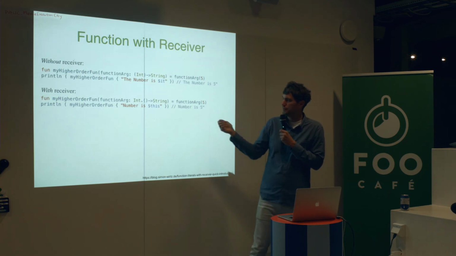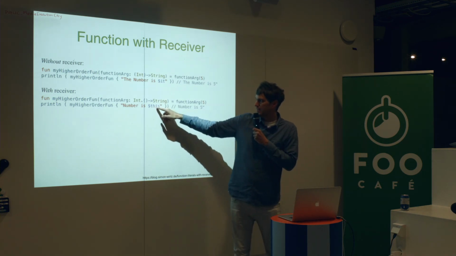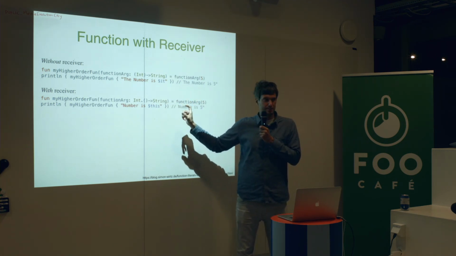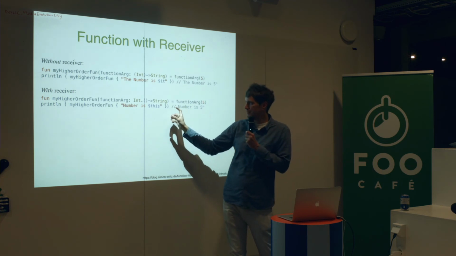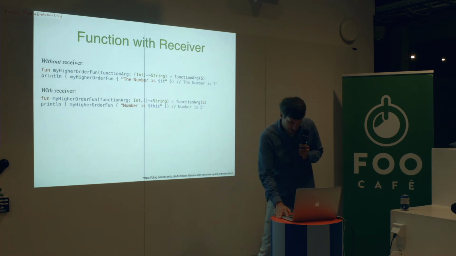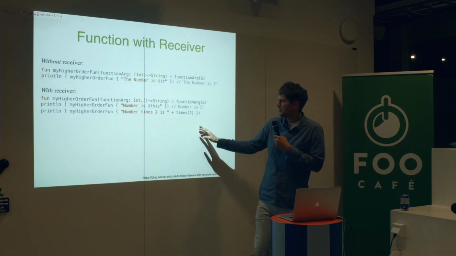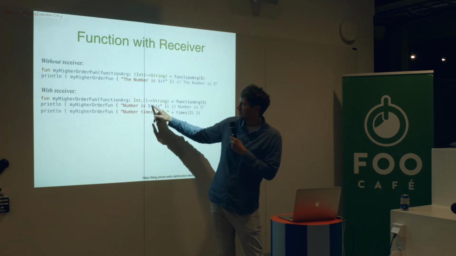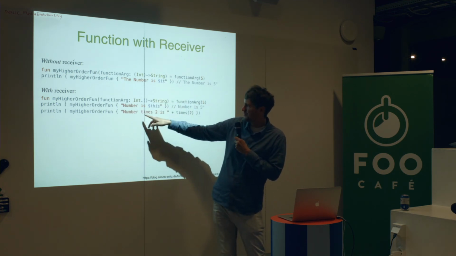What this allows is that we can access the argument by this instead of it, which is really nice when you create DSLs. It might not be totally obvious here what the benefit is, but here is another example, because here it's not much of a difference, but the difference is here.